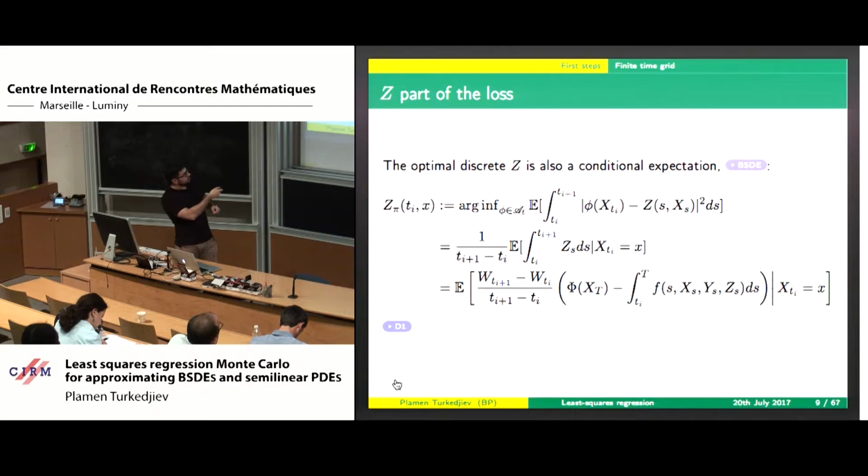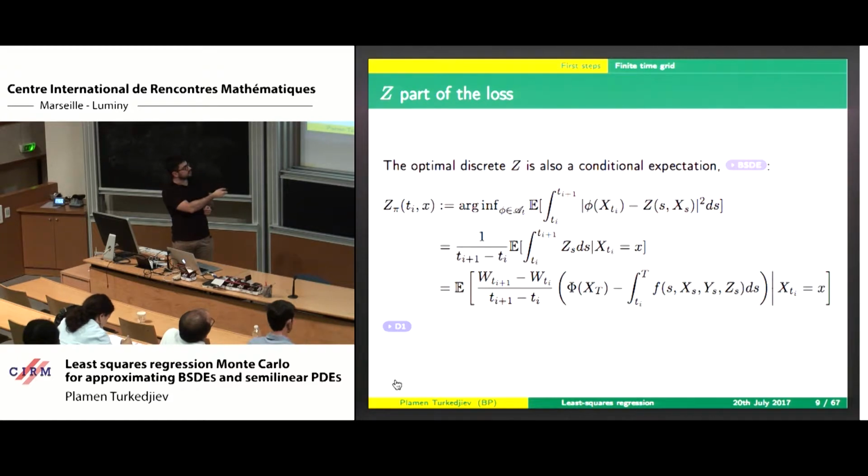But in fact, the solution of this minimization problem can also be expressed as a conditional expectation. This here is the measure with respect to the probability and the Lebesgue measure.